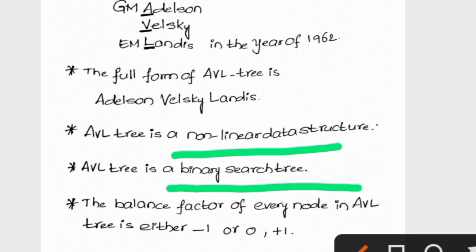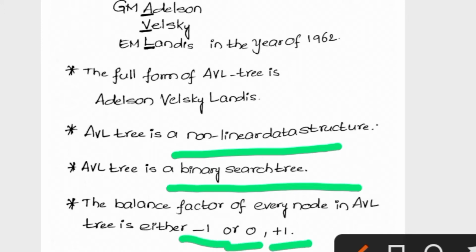After inserting every element in the AVL tree, next we will calculate the balance factor for each and every node in the AVL tree. The balance factor must be -1 or 0 or +1.